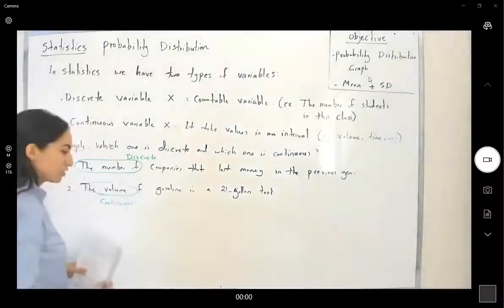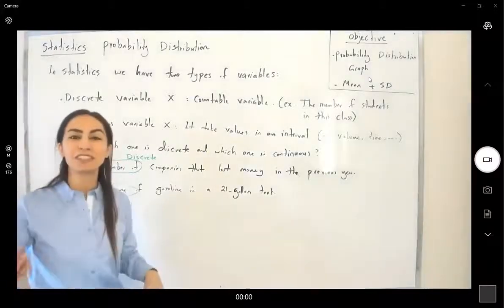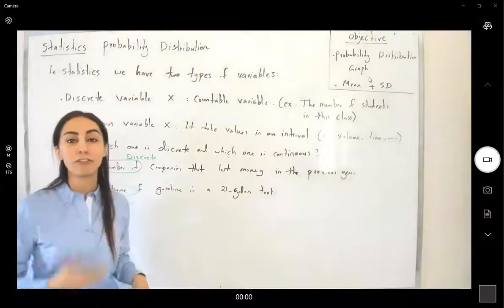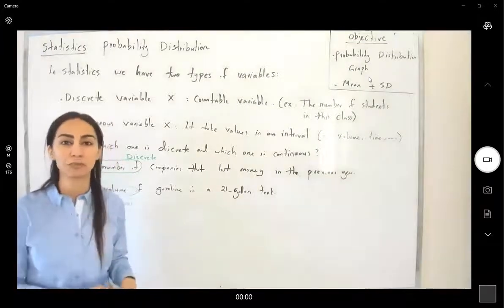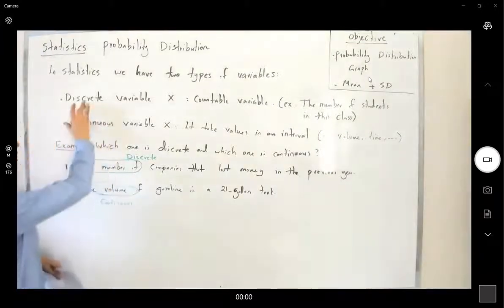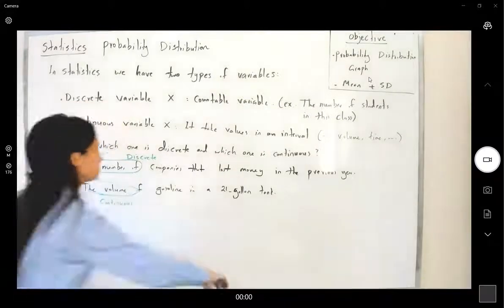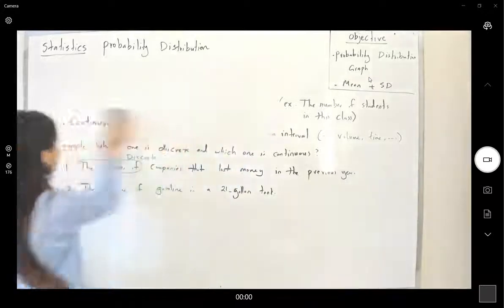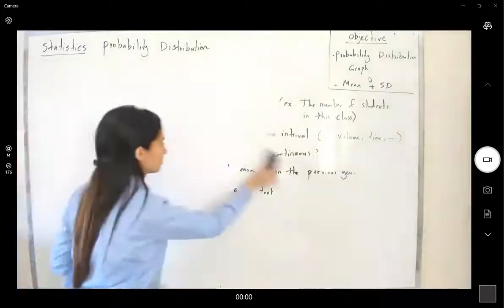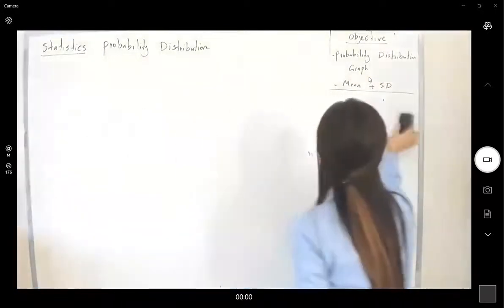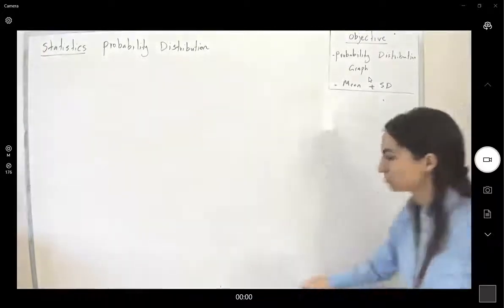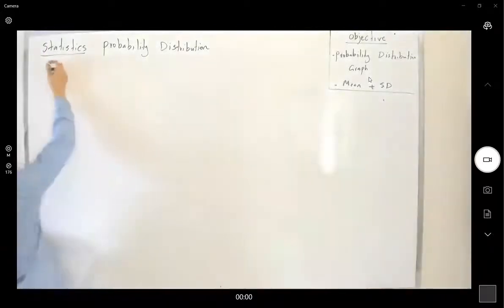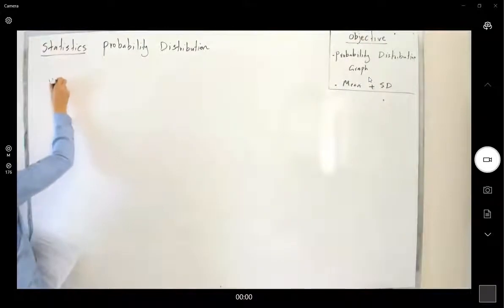Now that we defined different types of variables, we're interested in assigning a function to these variables. Let us begin by working with discrete variable. So this is our goal. We have variables.